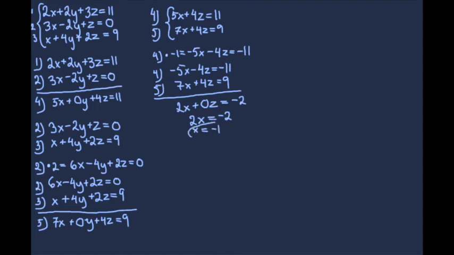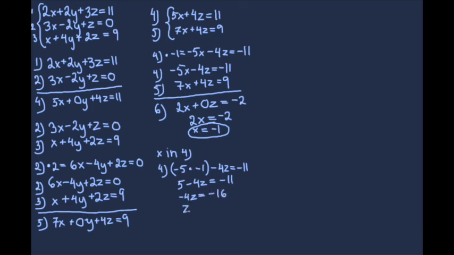By equation 6, we can now find out that x equals minus 1. Now that we know the variable x, we can simply put the value in equation 4, x in 4. And now you also know the value of the variable z, which is 4.